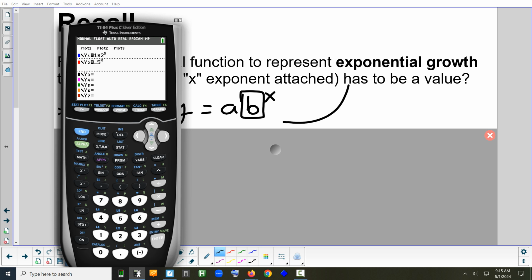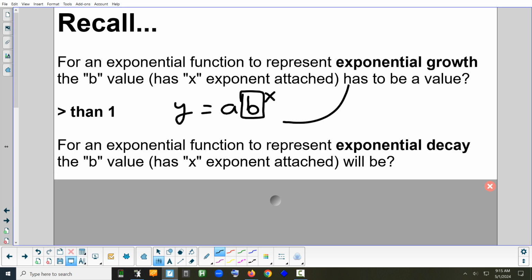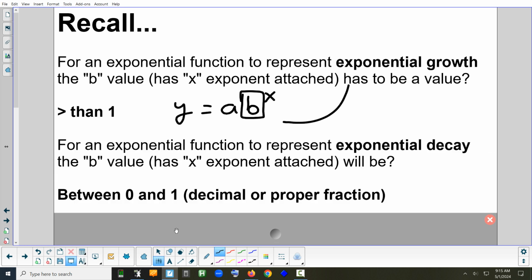All right, how about the red one? What's the b value in the red one? 0.5. So what happens in this case is, in an exponential function, if the b value is between 0 and 1, that's when you're going to get a graph that looks like that.